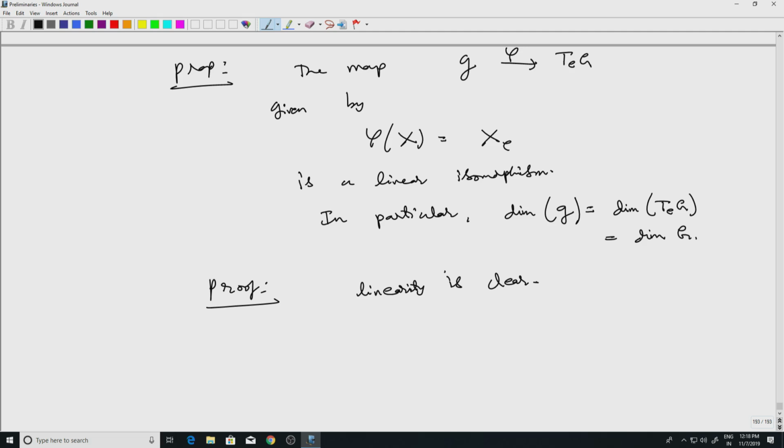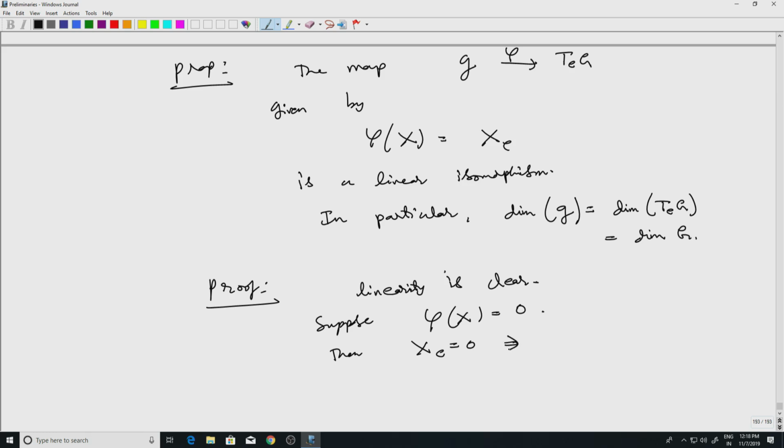Since it's linear, we just have to check that the kernel is just the zero element. So suppose phi x is equal to 0, then xe would be 0 since phi x is xe.